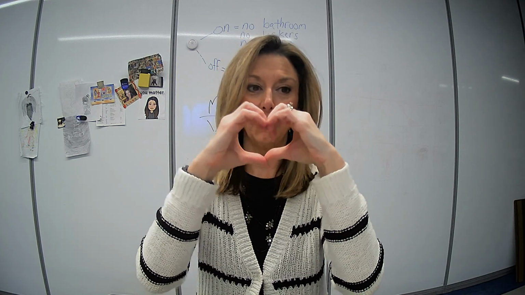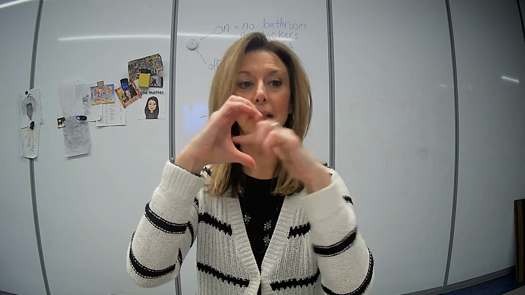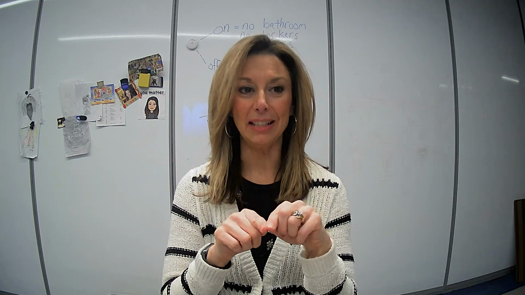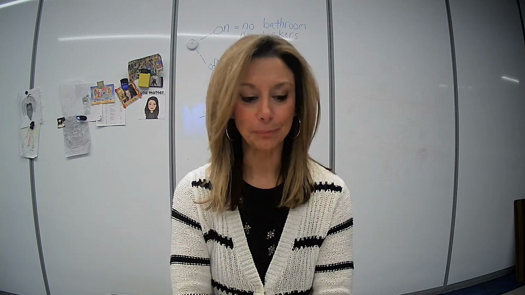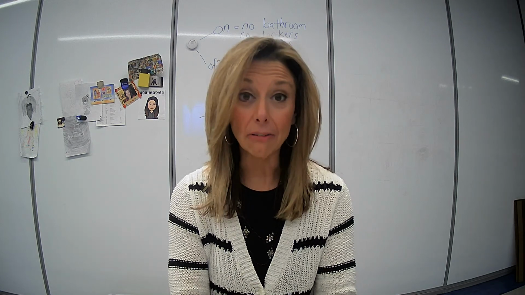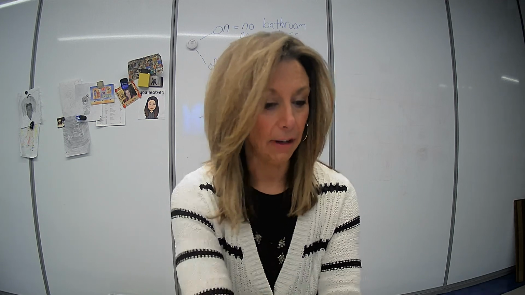It kind of looks like a heart, M over V. So the top part of the heart is the M, the bottom part of the heart is the V, line is in the middle, M over V is a heart, okay? So that's how we can remember the density formula for figuring out density of an object.